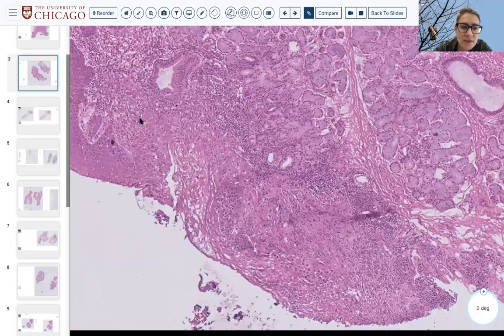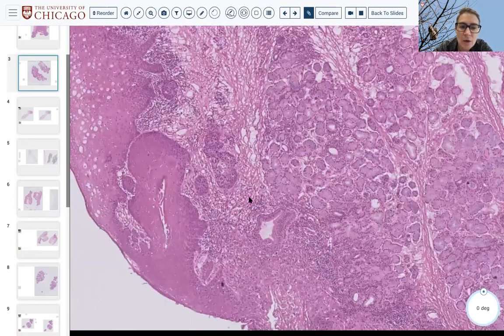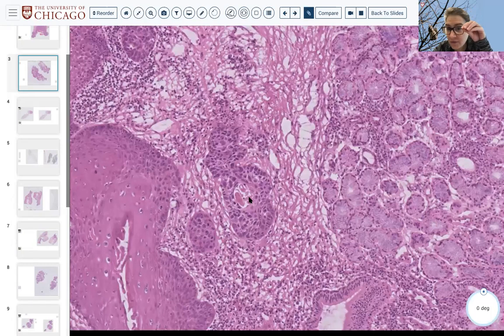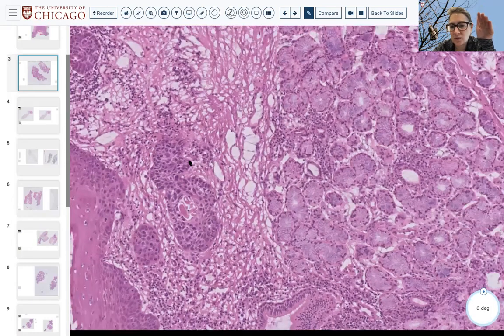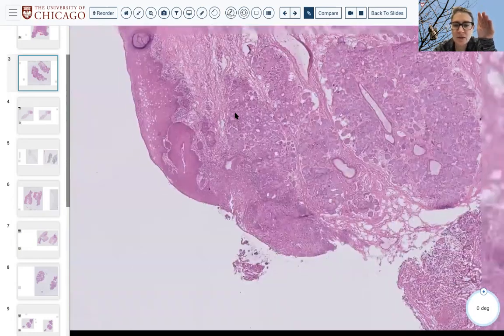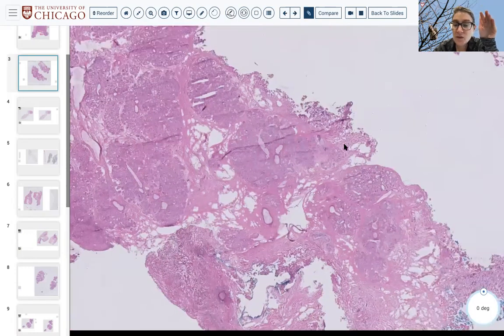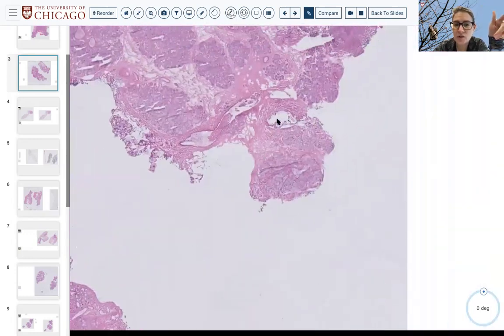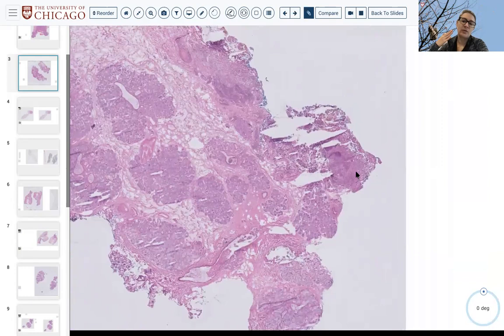And so when you start to get architectural complexity, when you start to get budding off of nests, this is no longer, okay, this is maybe mild atypia. This is to worry about. And so this was actually from the same patient that you just saw, where the tumor was in the very far base of tongue, and then they took tonsil behind it as, I'm just going to go a little bit farther back.